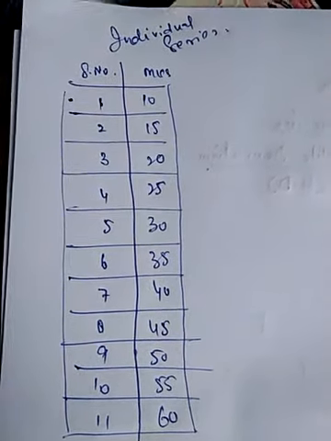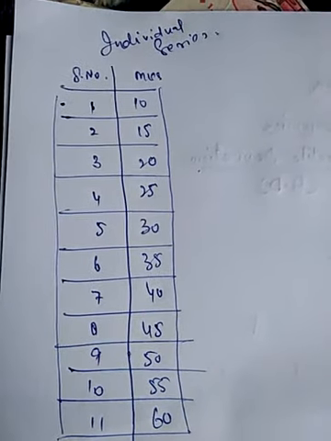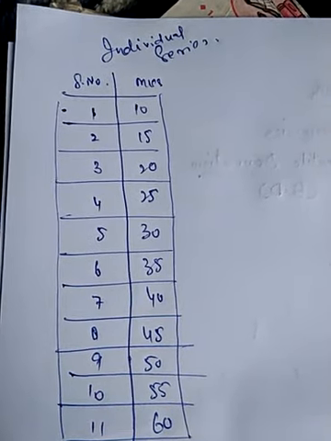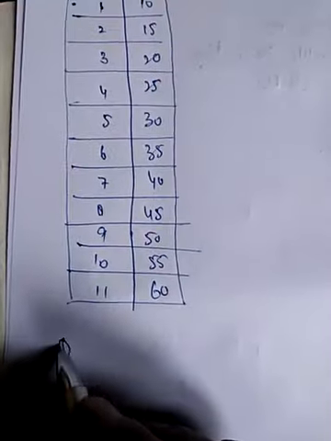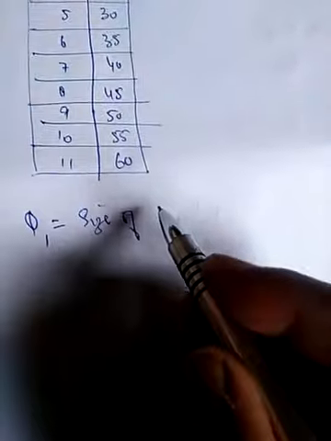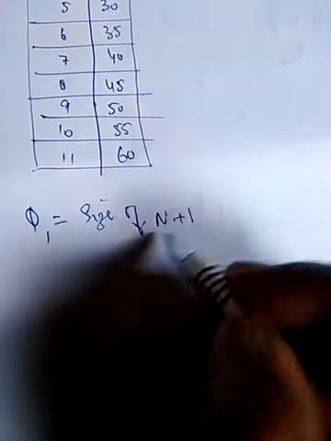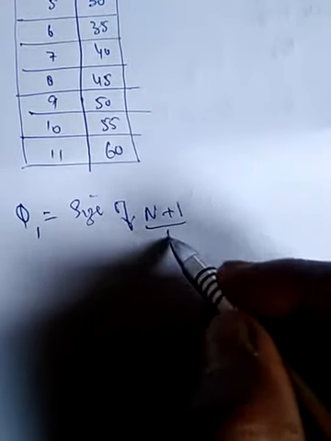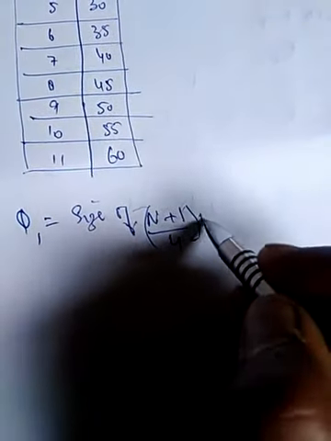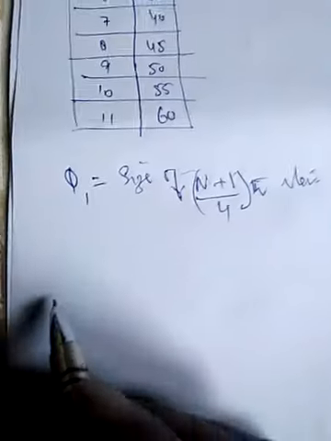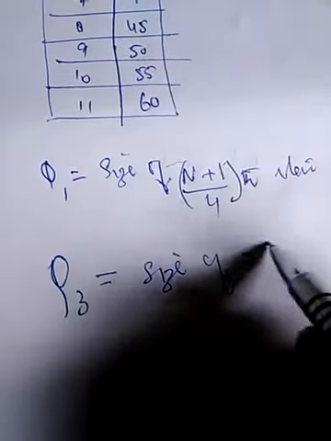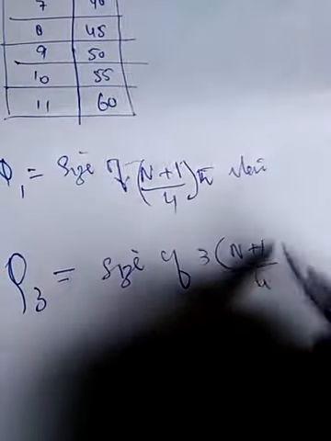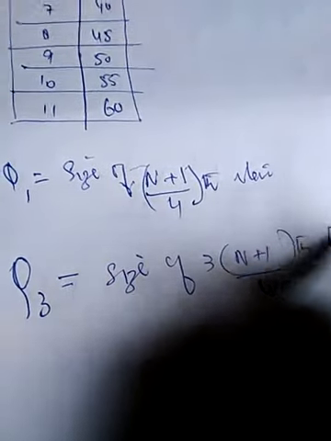Now in order to calculate quartile deviation in case of individual series, we have to first find out the values of third quartile and first quartile using the equation like this. Q1 is equal to size of n plus 1 upon 4th item, and third quartile will be equal to size of 3 into n plus 1 upon 4th item, right?